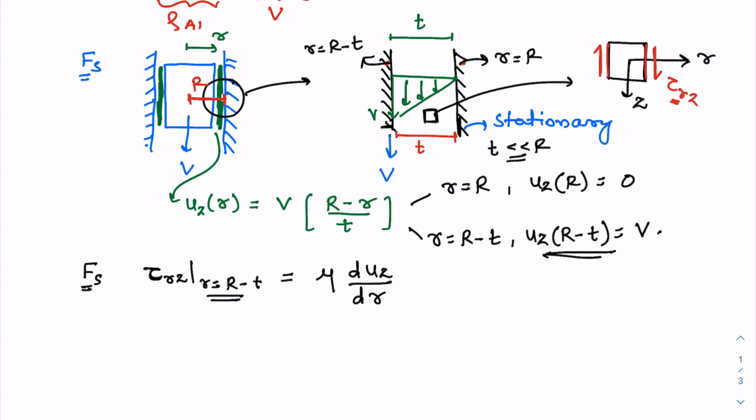So R is basically the surface on which the shear stress is acting. So this is the R surface, and Z is the direction of that stress in which it is acting.